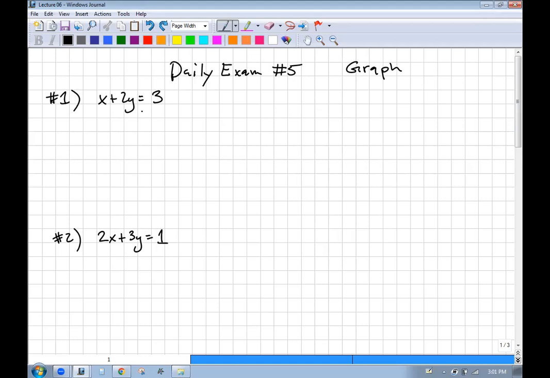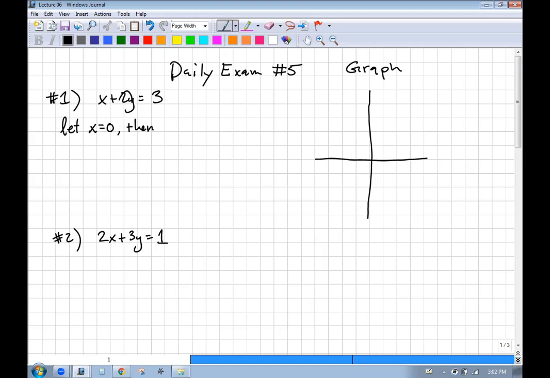So let's do the first one by slope. No, we'll do the intercept method. The intercept method is where we find both the intercepts. So if we're going to graph, we're going to need one of these. Okay, so let's let x equal 0.